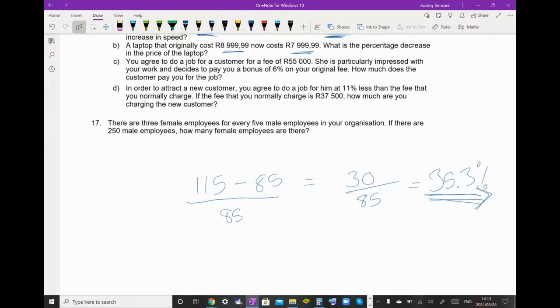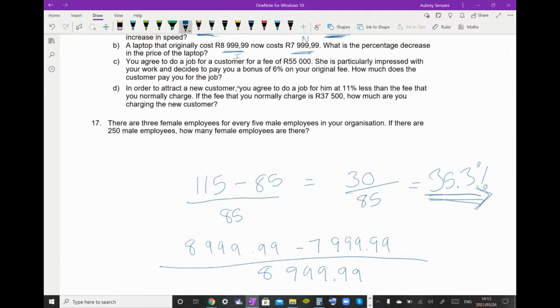We say, okay, what is the difference between the initial and the new price? So we have 8,999.99 minus 7,999.99. There's no dot here, sorry. All right, divided by the initial.